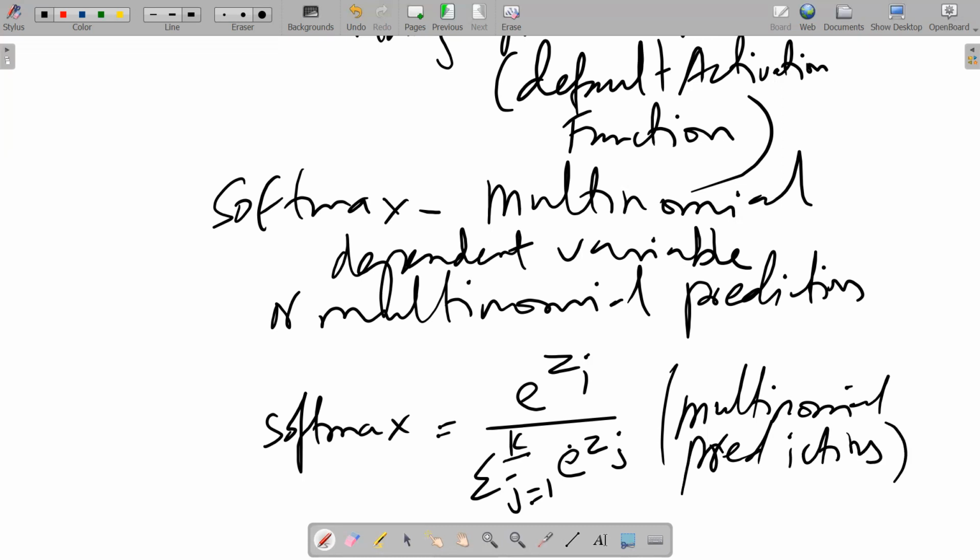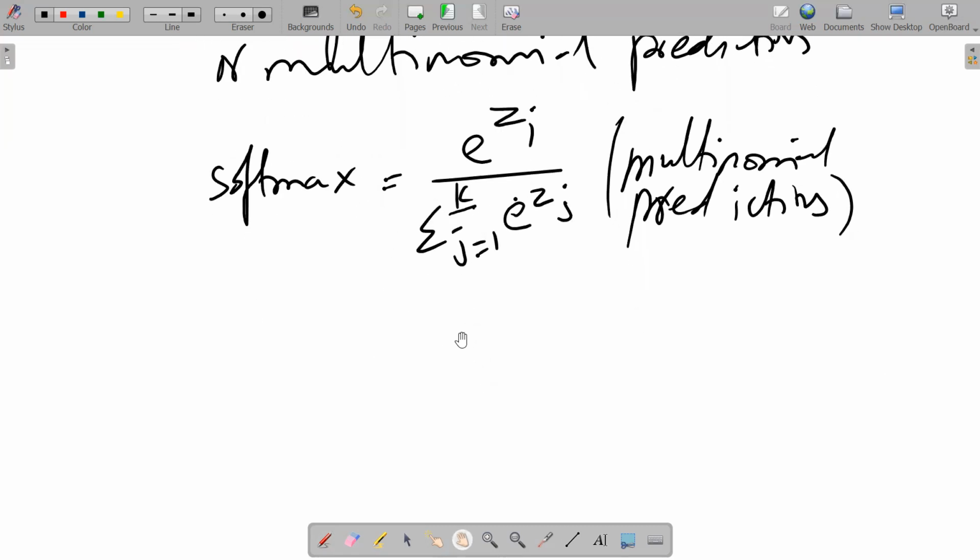For binary predictions, you can use ML. Deep learning does not work that well on binary predictions because it is designed to work on multinomial, very large scale predictions. So softmax is the function you need to use when you are dealing with multinomial predictions. These are the prominent activation functions which you need to understand, which are widely used in deep learning.